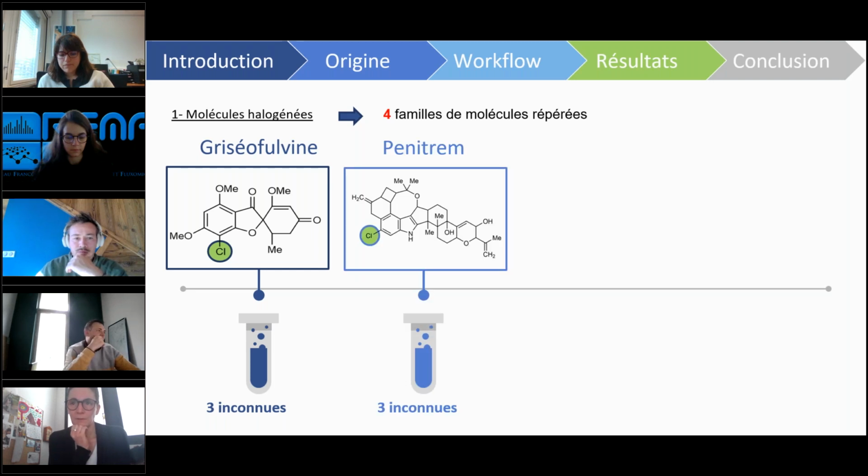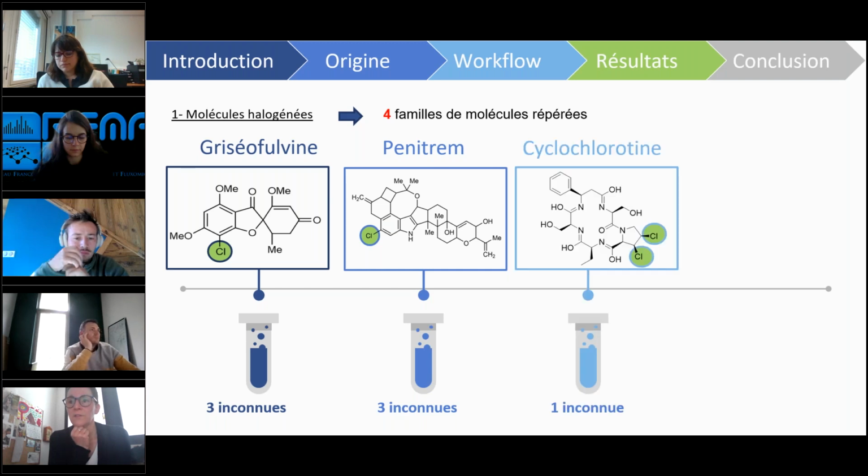Another family is the family of the Peditrem, this type of quite complex alkaloid, and we could find from our data at least three unknown compounds there. Another family is constituted by cyclochlorotine compounds with a very unusual, I would say, chlorination pattern, if you look at the position of the chlorine, with one unknown here.